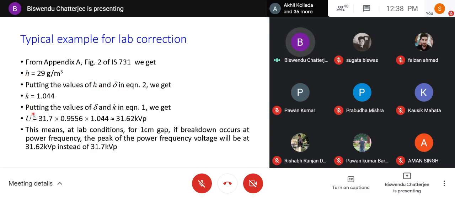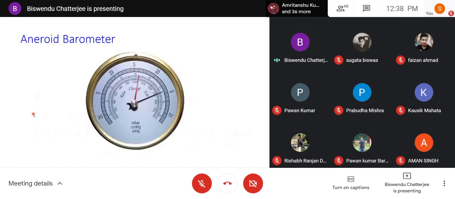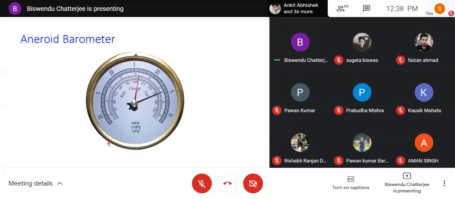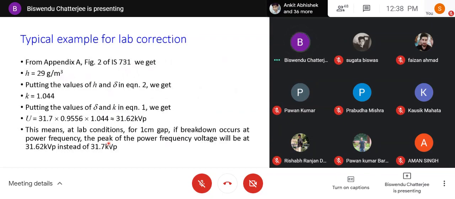Immediately I will get K. Why? Because the variables in this equation are only H and delta, so I will get K. Now I have K also, delta also, and U0 also. I will get U. So what happens? You will get 31.62.